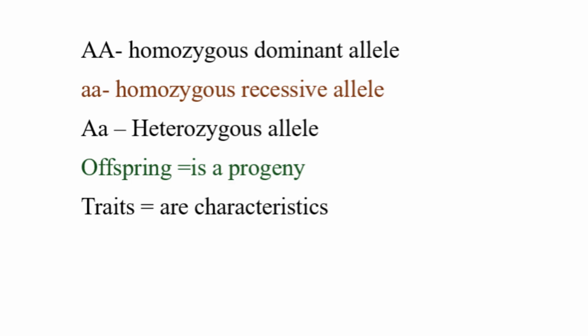And also we can have heterozygous alleles. That's when we have a capital letter B and a small letter b, making it a combination of both. Two alleles, the one is dominant, the other one is recessive. The one has a capital letter, the other one has a small letter.